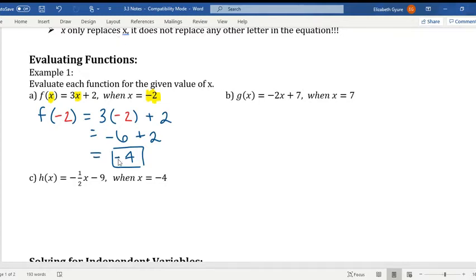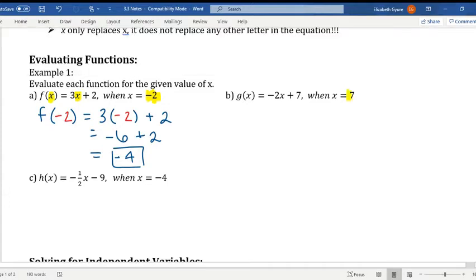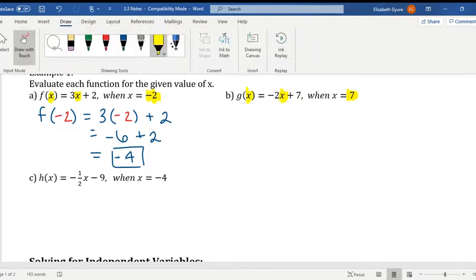And now we're going to follow that exact same strategy on B and C. So for part B, it says g of x equals -2x plus 7 when x equals 7. So everywhere you see an x, you're going to replace it with a 7. So let's put our empty parentheses.